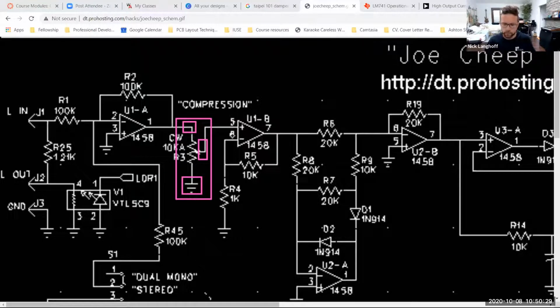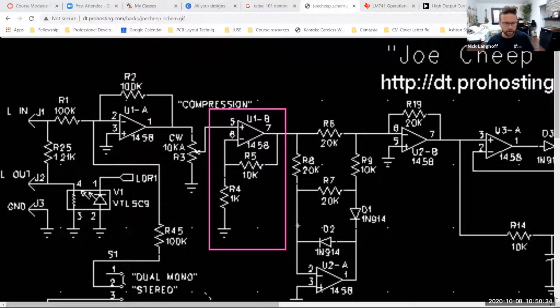And if we look further, where does it then go into? It goes into this amplifier block. Take a look at that. That there is, what is it? The signal is going into the inverting terminal. The negative terminal is the inverting terminal. There's a feedback resistor of 10K going from the output back to the input.